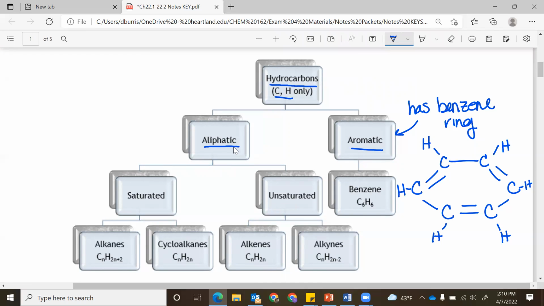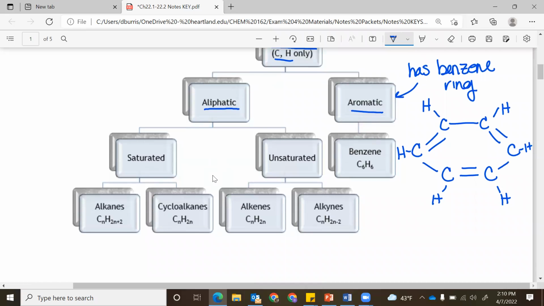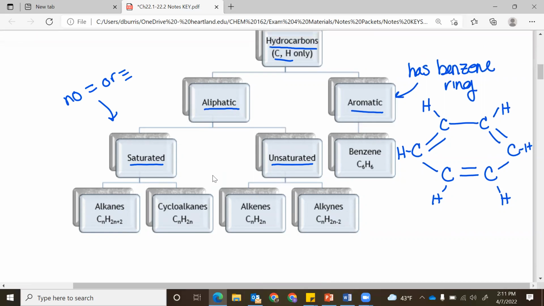Now that is categorized into 2 categories, and they are either saturated or unsaturated. Saturated means that carbon doesn't have any double or triple bonds. So this is no double bonds or triple bonds, and then it is considered saturated, and you'll see why in just a second.